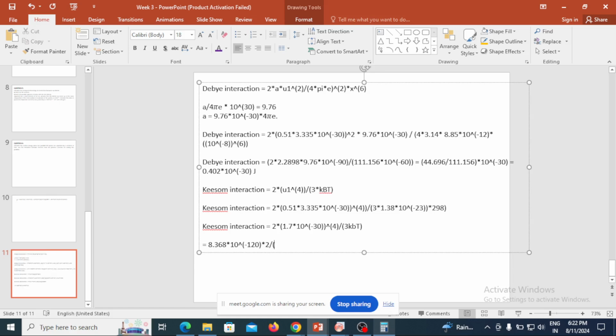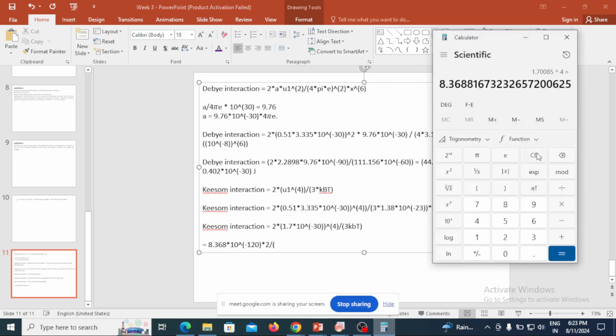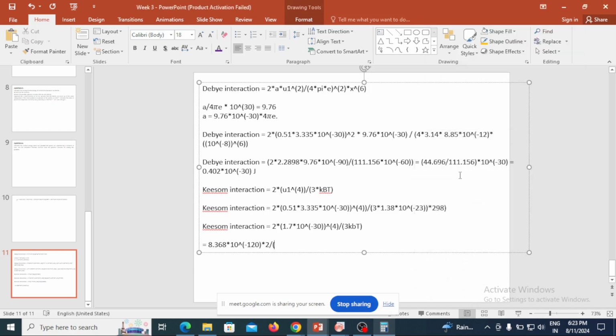That value is three times 1.38 times 298, which is 1233.72 times 10 to the power minus 23.